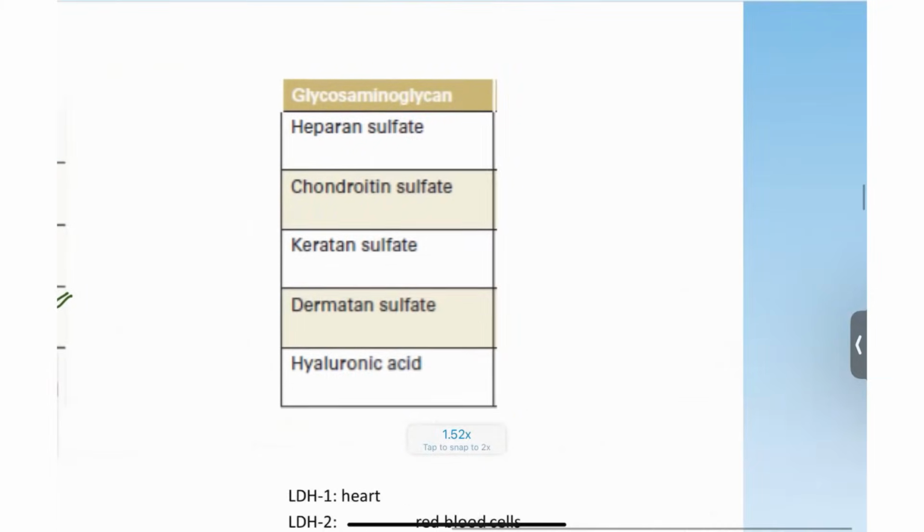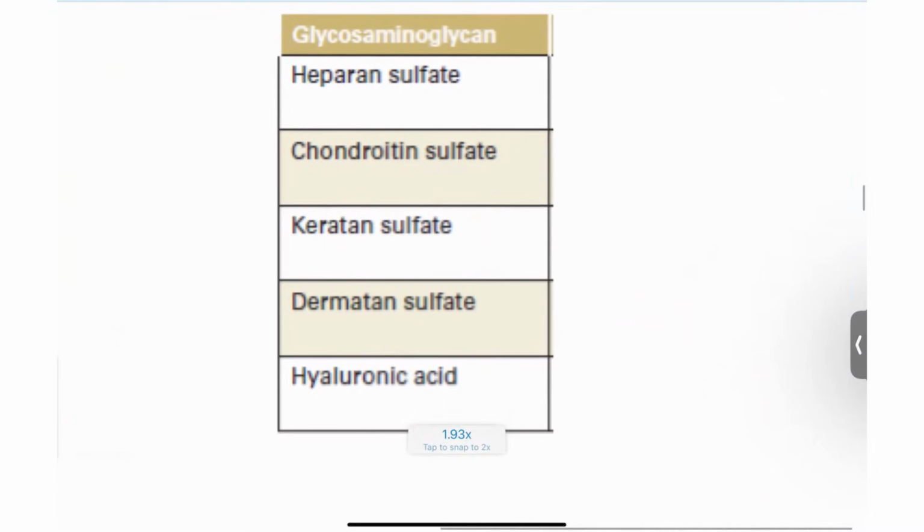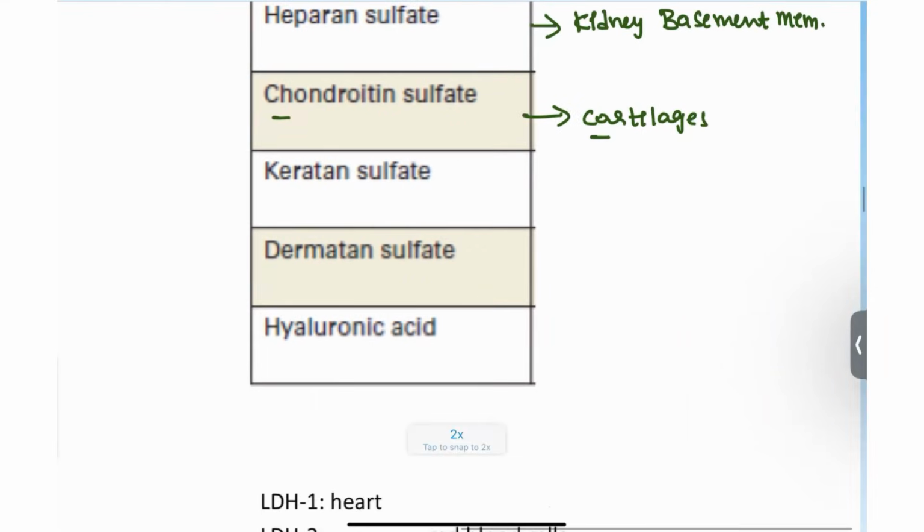Next, coming to the glycosaminoglycans. This is also an important part. Heparan sulfate is seen in the kidney basement membrane. Okay, it is seen in the kidney basement membrane. Next, chondroitin sulfate. This is seen in the cartilages. Okay, C for chondroitin, chondroitin sulfate seen in the cartilages.